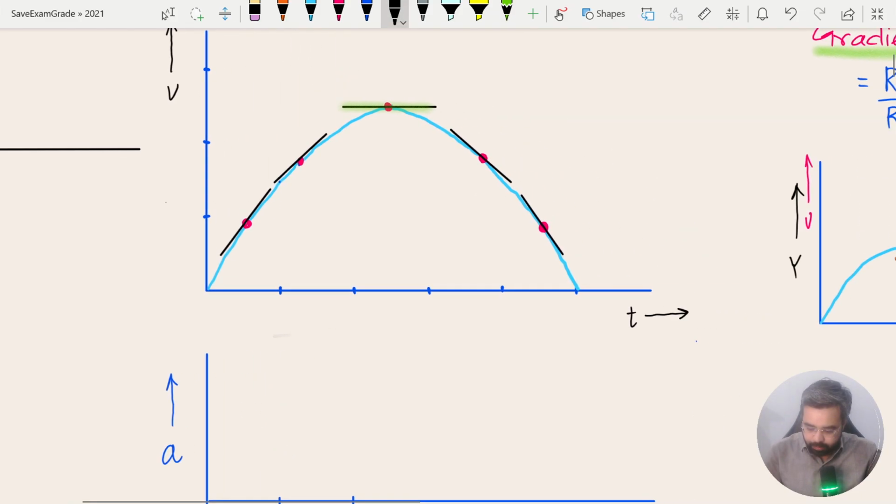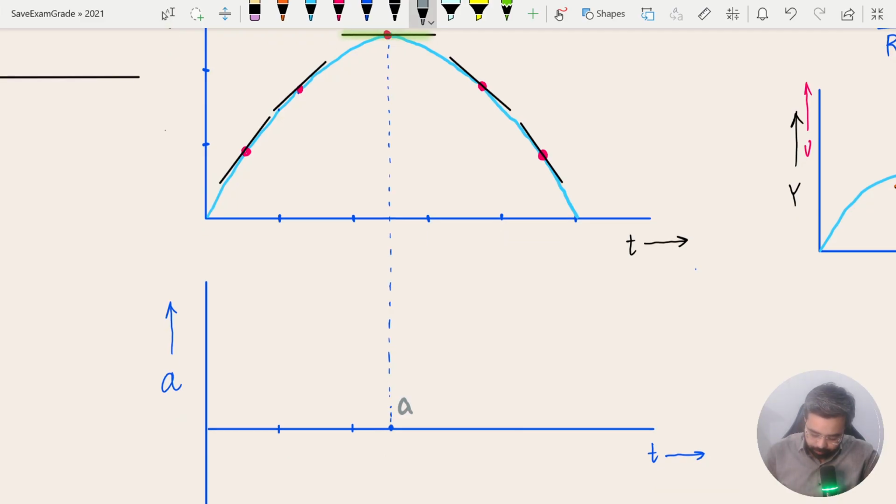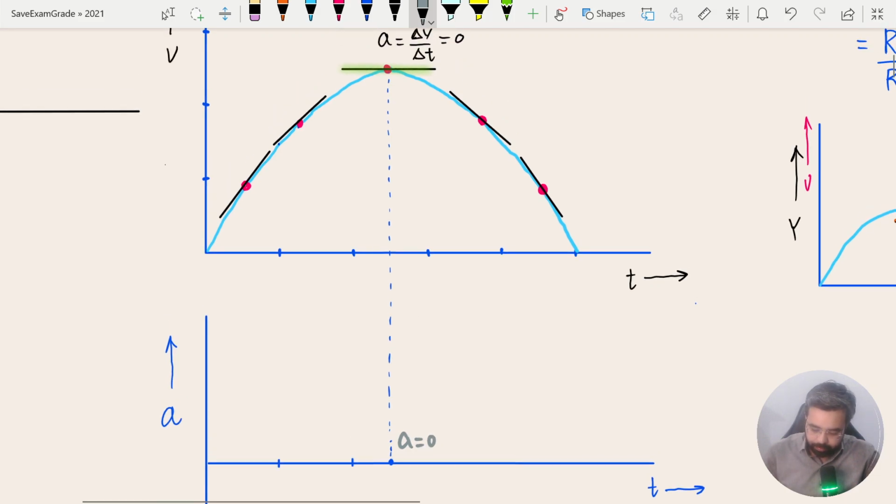Because the velocity is not changing, the gradient, delta v over delta t, is 0. It means we will get a corresponding point on the acceleration graph where the acceleration is 0. And look at the start.